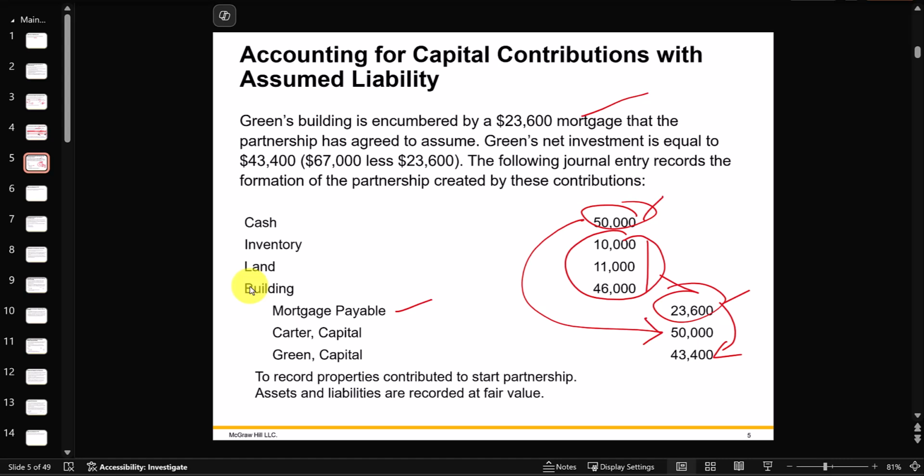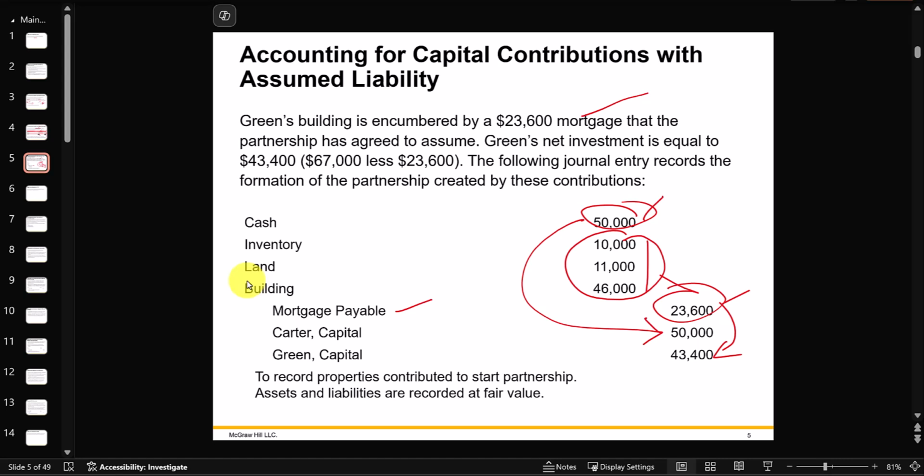Like in this case, Green could be a landlord, renting it out to the partnership, collecting a rent, and eventually still keeping ownership of that land and building. But now, because Green is contributing that property to the partnership, if you were to liquidate the partnership, Green has no 100% authority to get back the land and building unless they agree upon that ahead of time before they form the partnership. Okay, so there's variations of what you can do here when you're trying to form a partnership.